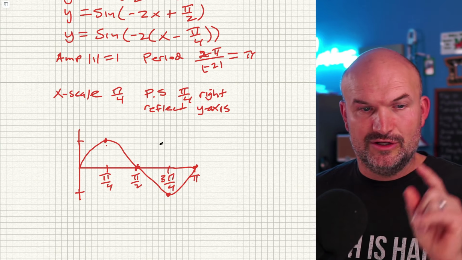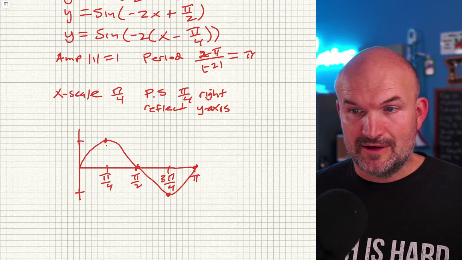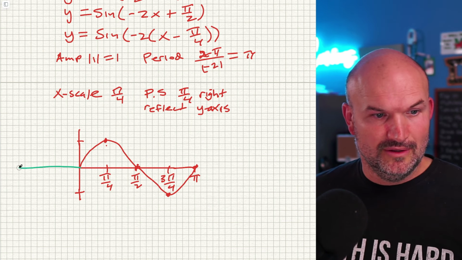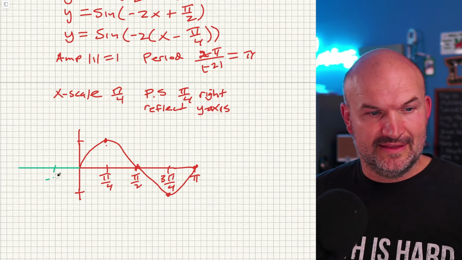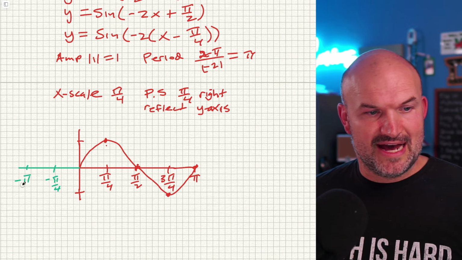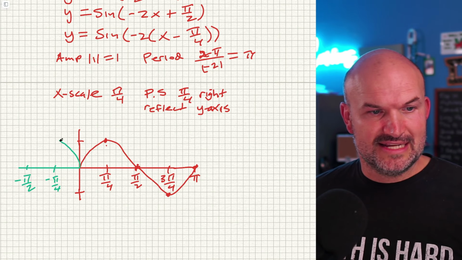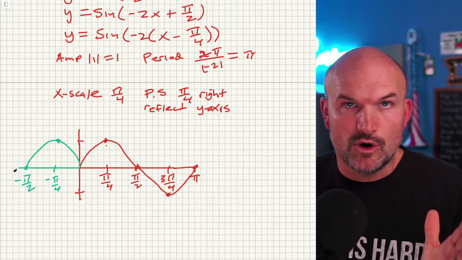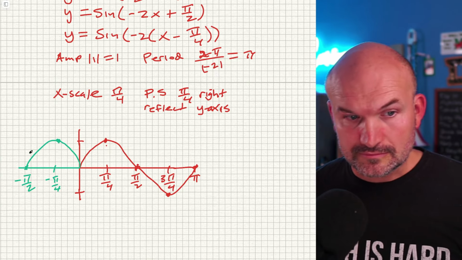All right. Now, the next thing we need to do is apply a reflection. Now, the only thing I know about this reflection is if I continue this scale back over here, then that's going to be negative pi over 4. This would be a negative pi halves. The graph is going to look the exact same, right? It's going to go like that, and just kind of continue over into that pattern.